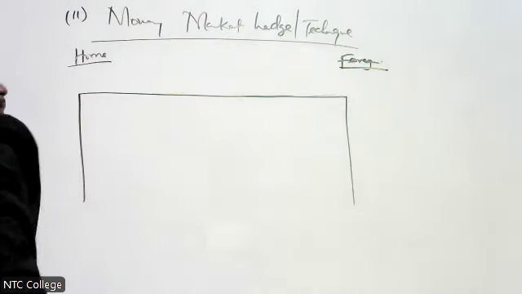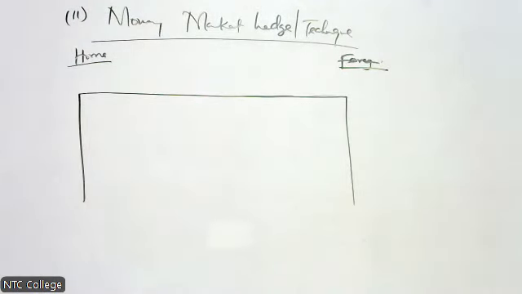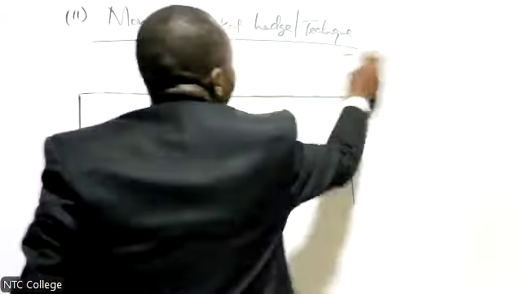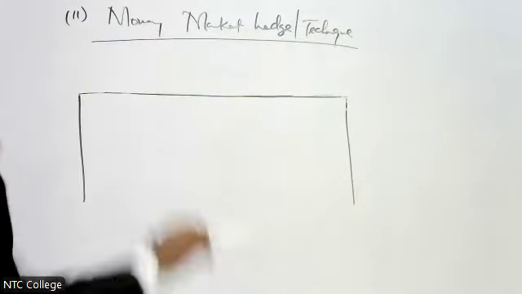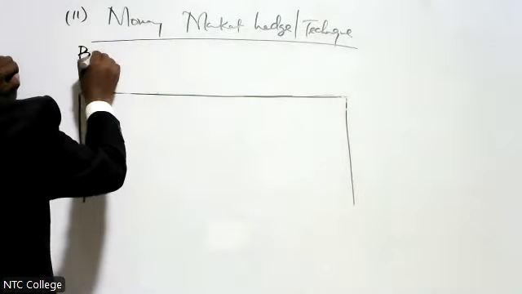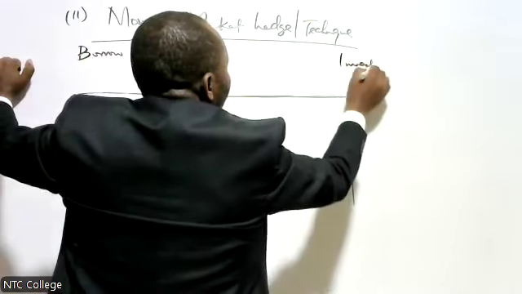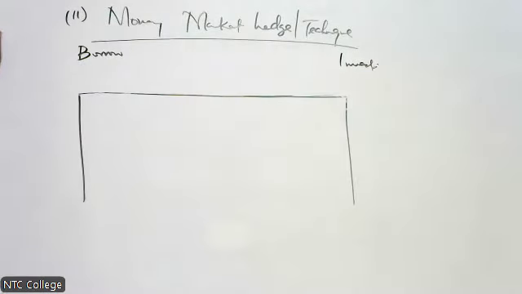Home and foreign. Or, sorry, you can just have here borrow and invest. Borrow and invest. Now read the question now.